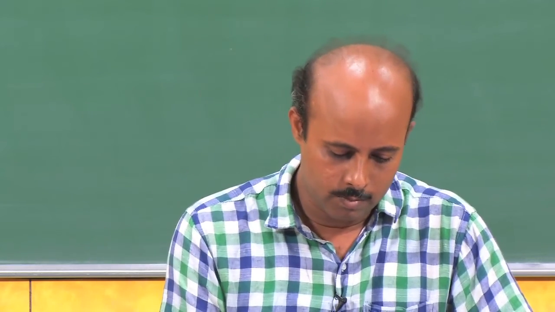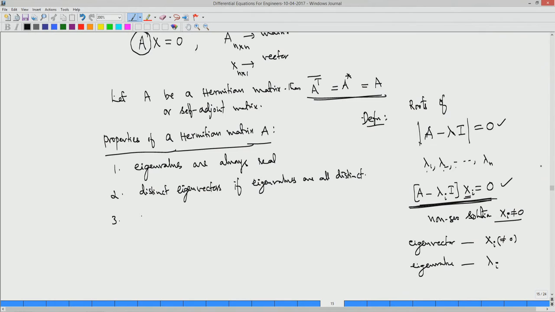So, the third point is you will have m linearly independent eigenvectors corresponding to an eigenvalue that is repeated m times. If you have an eigenvalue that is repeated m times, you can get m linearly independent eigenvectors.